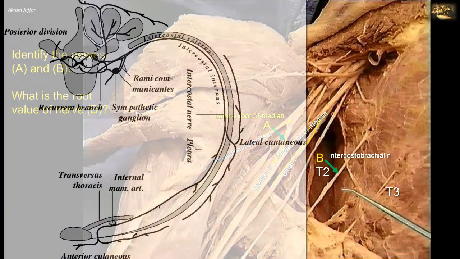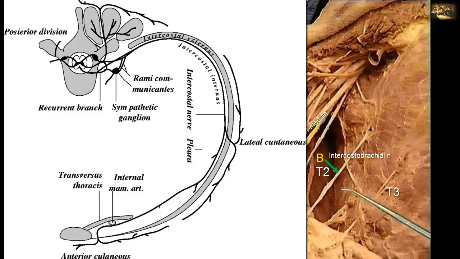Remember that the intercostal nerves, as they pass around the thoracic wall, supply lateral cutaneous branches and anterior cutaneous branches to supply the skin of the thoracic wall, of course, as well as the intercostal muscles supplied by muscular branches. But each of the intercostal nerves has a lateral cutaneous and an anterior cutaneous branch.